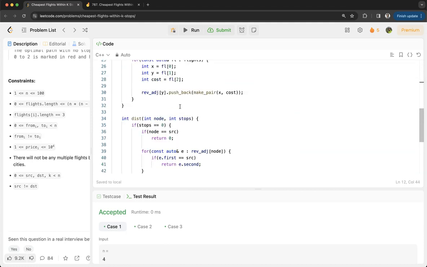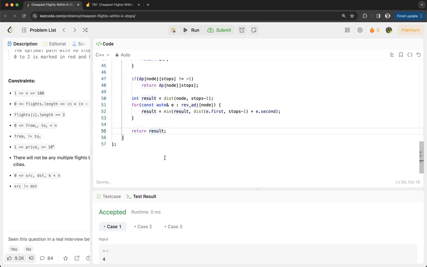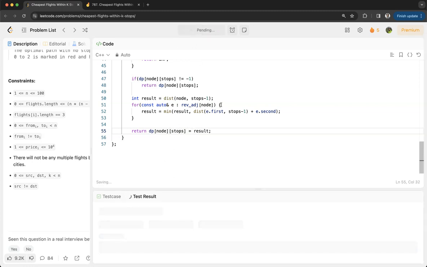So here we go back. If dp of node and stops is not -1, just return it. And here, save it before returning. That is how we memorize. Okay, submit.